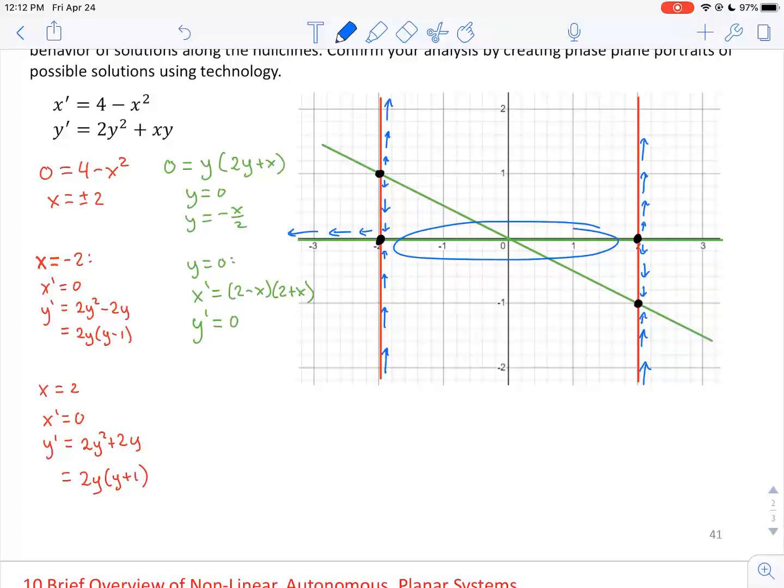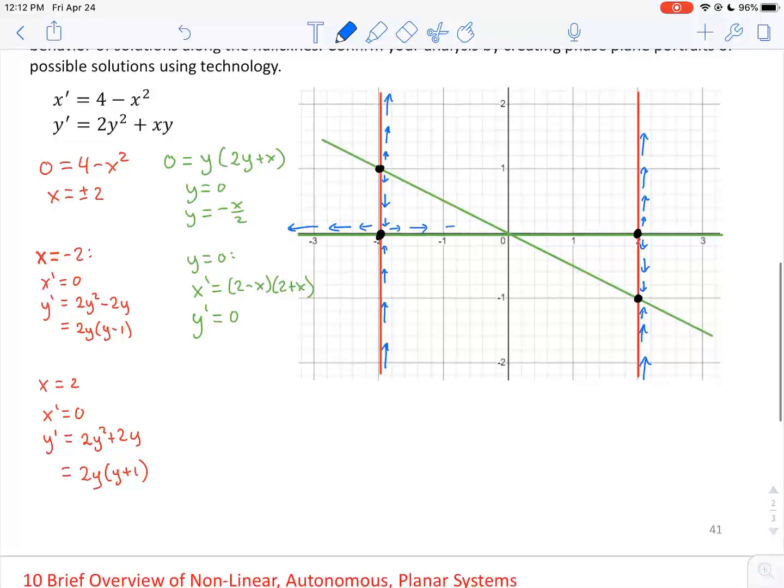If you pick any x between -2 and 2, such as 0, for example, you're going to get positive values. So x prime will be positive, meaning x will be increasing. It'll increase a little bit when you're close to the equilibriums, and it'll increase most rapidly towards the middle, but then it'll slow down its pace as you approach the other one.